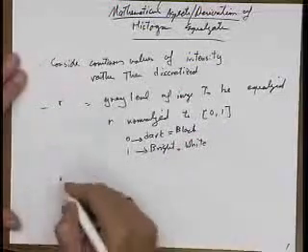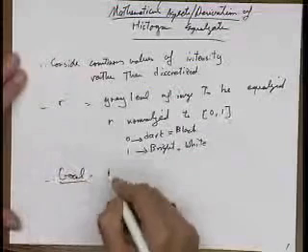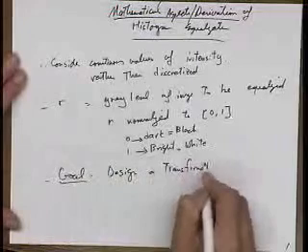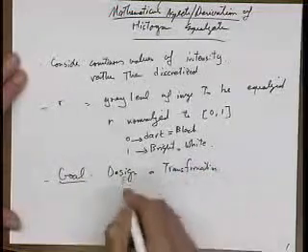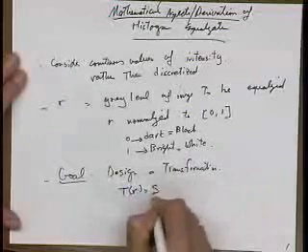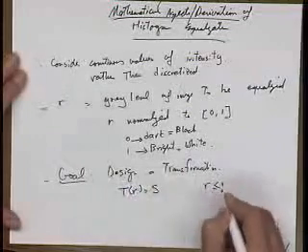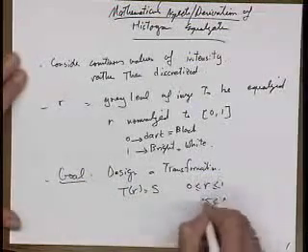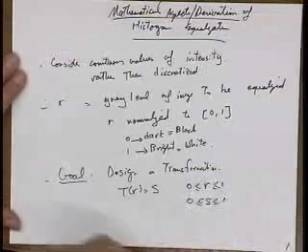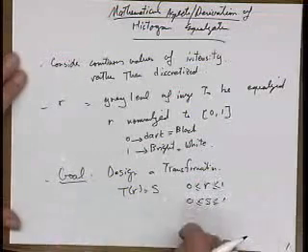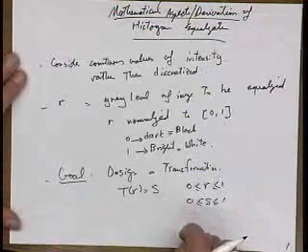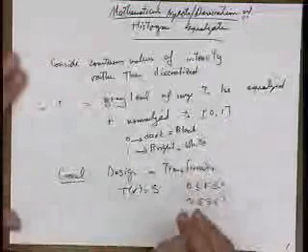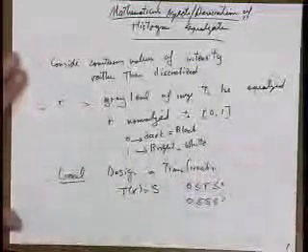And now the goal is to design a transformation, and we call that transformation, as you saw on the screen, T of R equals S, for R between 0 and 1, and also S between 0 and 1, that results in a particular probability distribution function that I'll talk about in just a second.